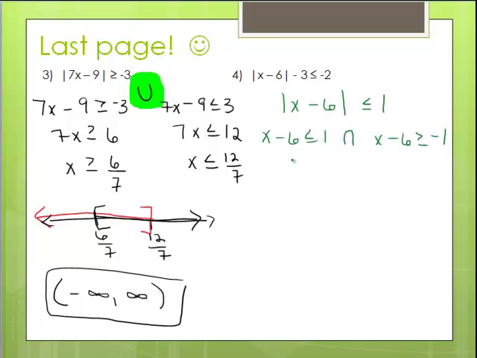So add 6 to both sides. X is less than or equal to 7. Add 6 to both sides. X is greater than or equal to 5. And remember, we have an intersection, so what do they look like? 5 comes before 7. X is greater than or equal to 5.